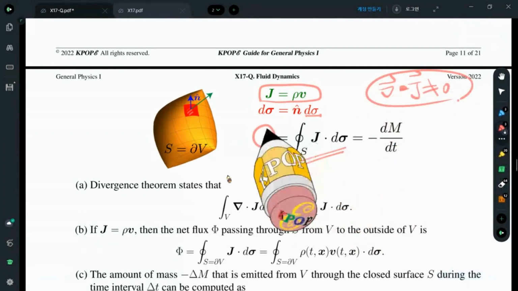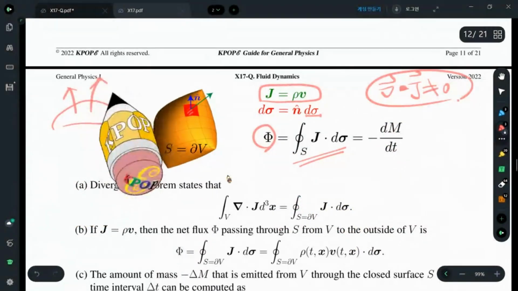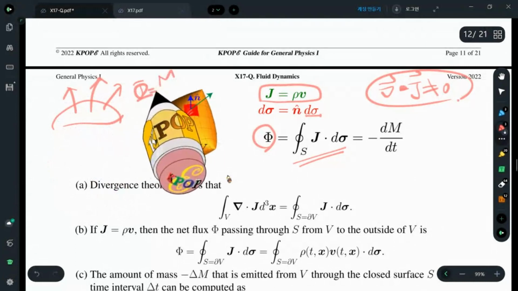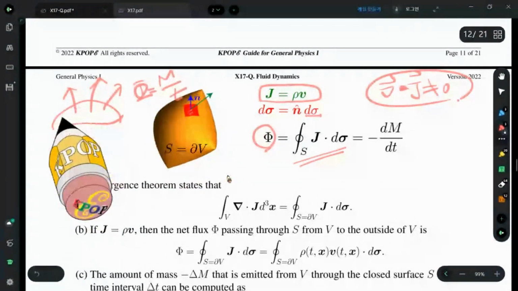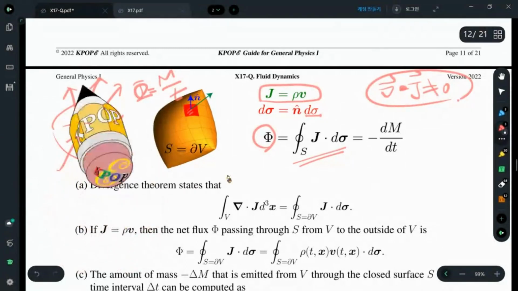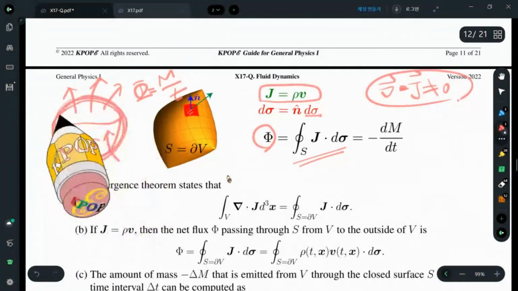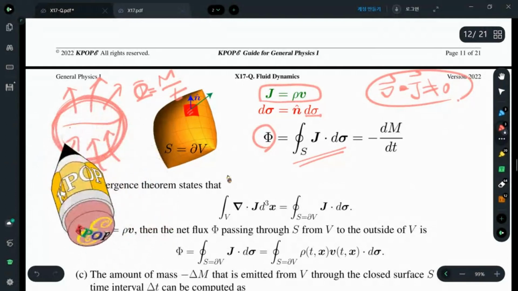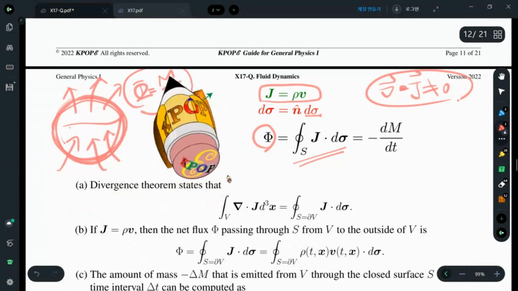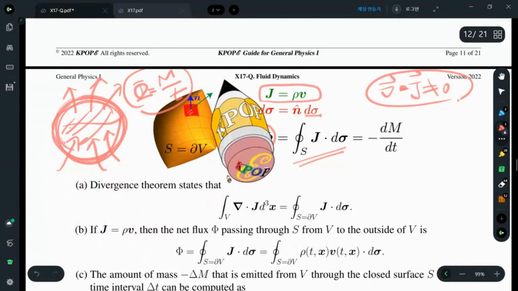Remember, this flux is proportional to the mass divided by time. Flux is coming in and coming out. If the sum of the whole surface integral is positive, that means the mass coming out of this volume is positive.